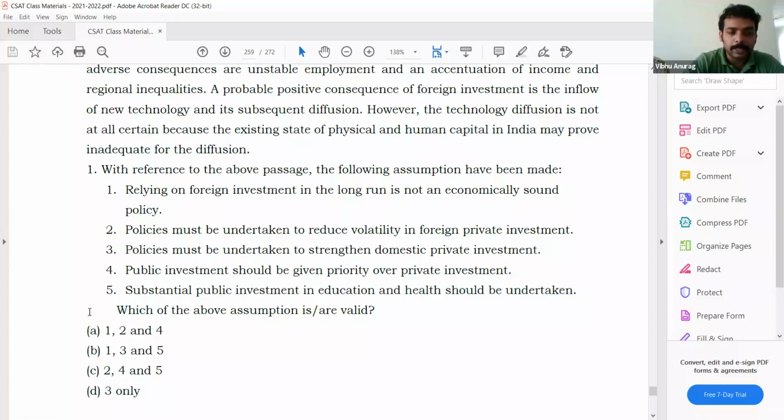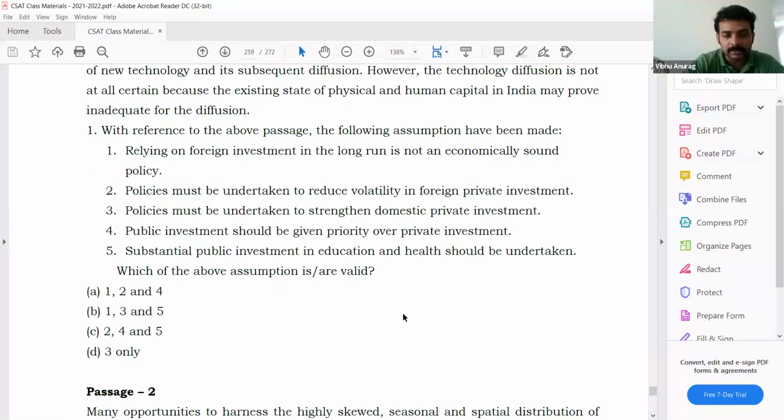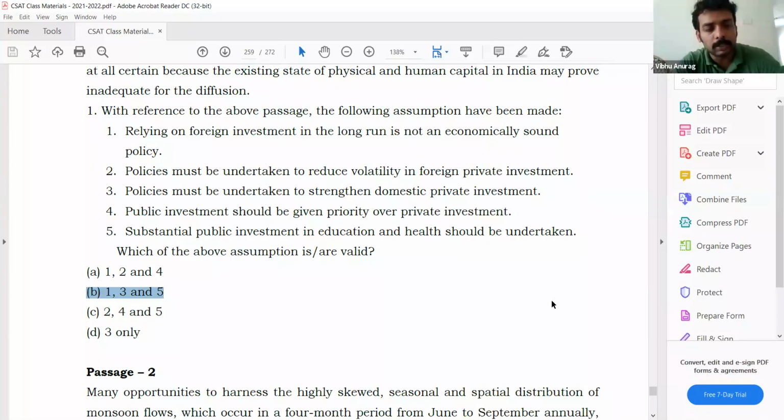So did you select B, 1, 3 and 5? This is the correct answer. I hope it is clear. Any doubts? Doubts with passage 1?